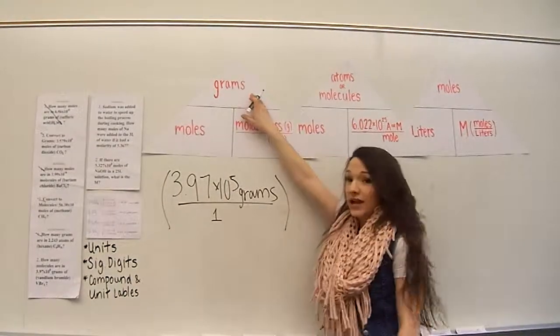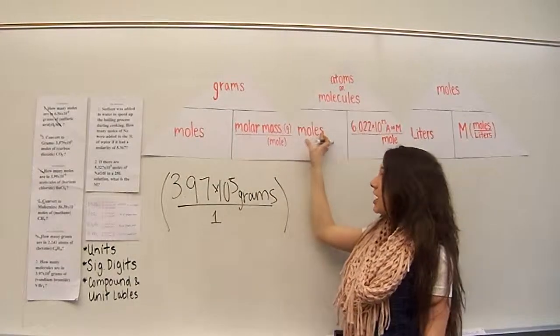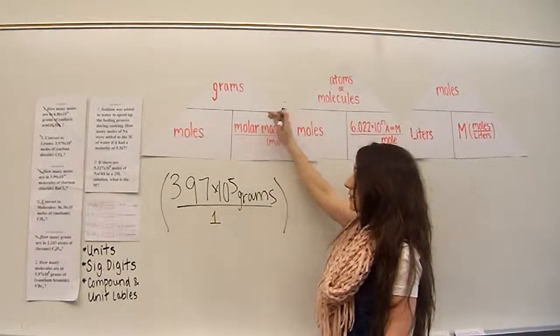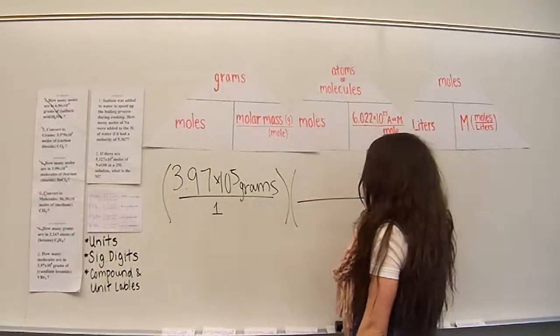Since we are given grams and we need to find moles in order to transition to the next triangle, we will need to divide it by its molar mass. So we will go ahead and calculate that.